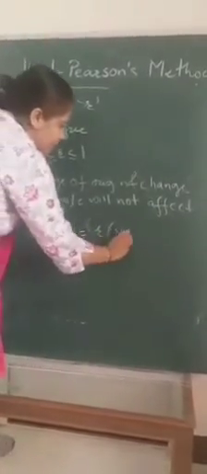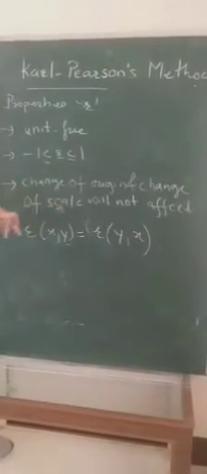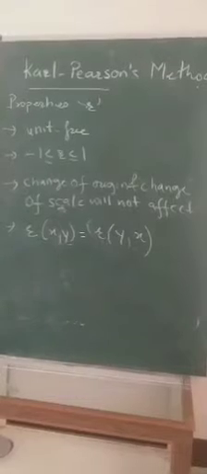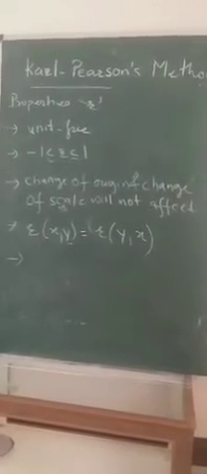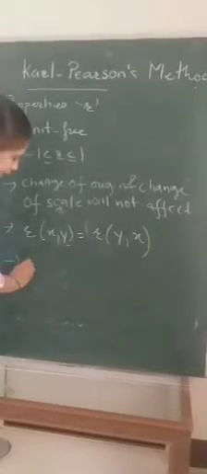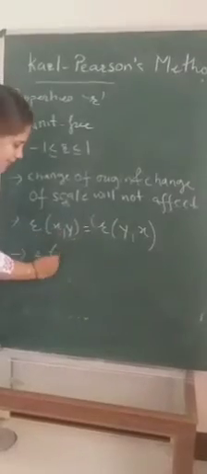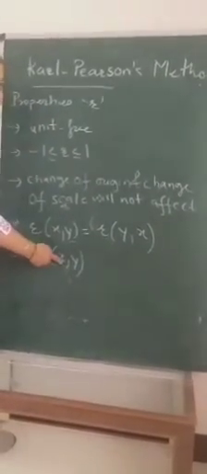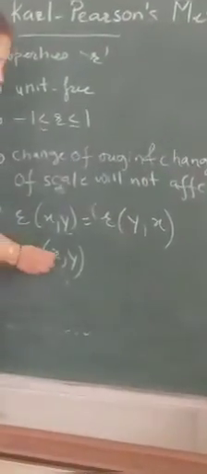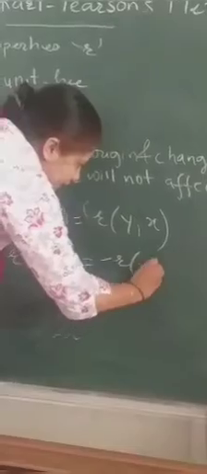The next property is that the correlation coefficient between x and y is equal to the correlation coefficient between y and x. These two are the same values. And the last point: if I change the sign of only one variable, that is, I take -x, the value of x is changed by one negative sign, then it is -r xy.